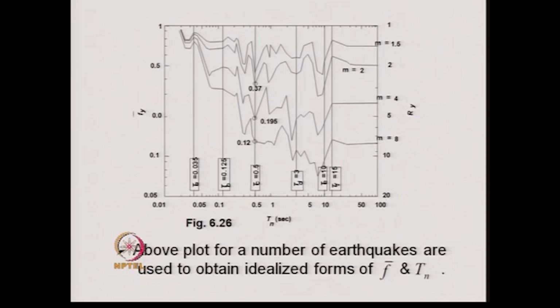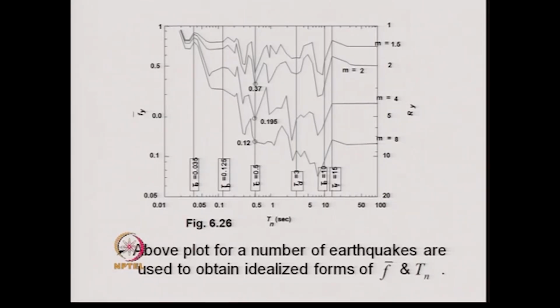Now, another important aspect that is derived out of this solution is the plot of f bar y versus the time period T n. We have seen that through an iteration procedure, one can find out a compatible set of values of f bar y and mu for a given time period and a damping value.